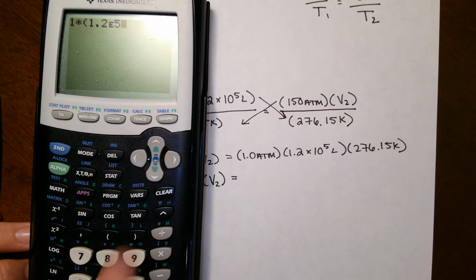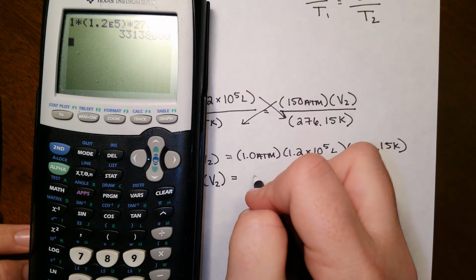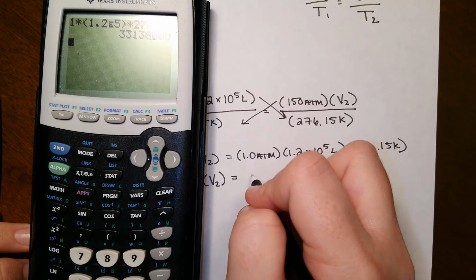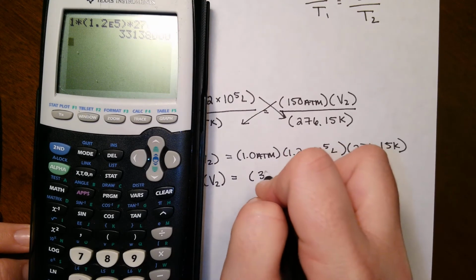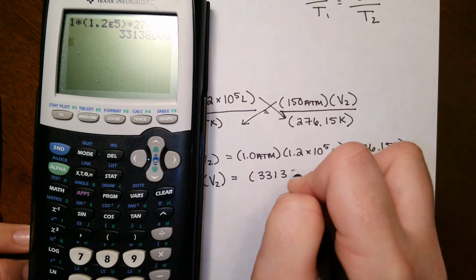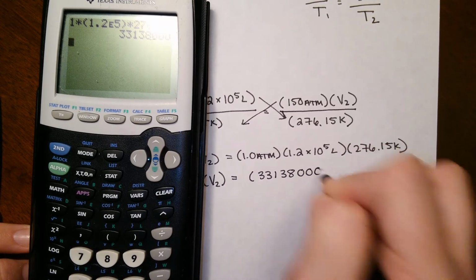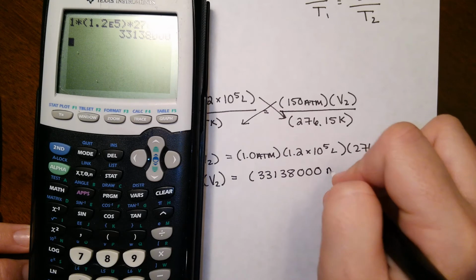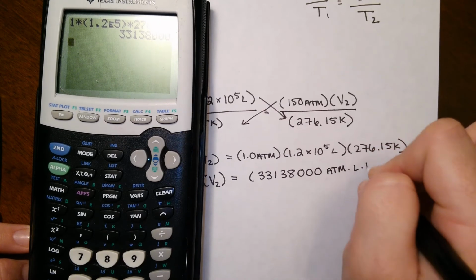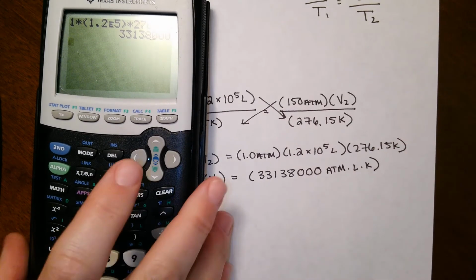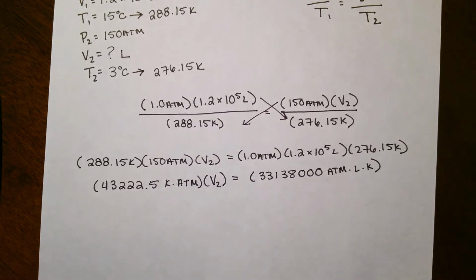So that's 1.2 times 10 to the 5th, multiplied by 276.15. We get a pretty large number, so it's going to be 33138000. Make sure you have all of those units, atm times liter times Kelvin. It is a whole lot of units, a whole lot going on.